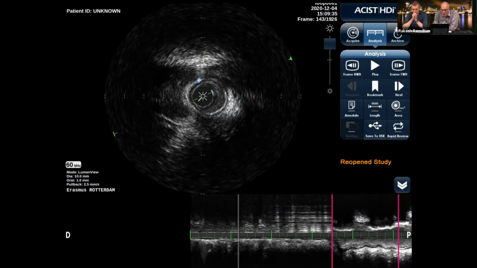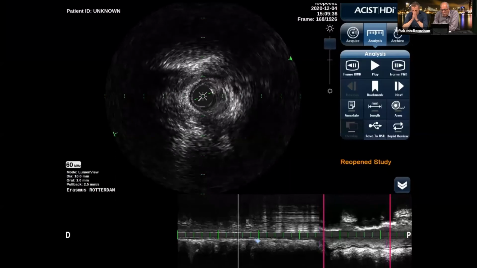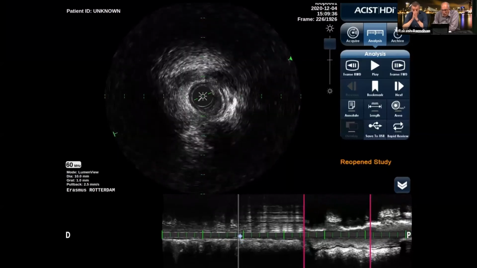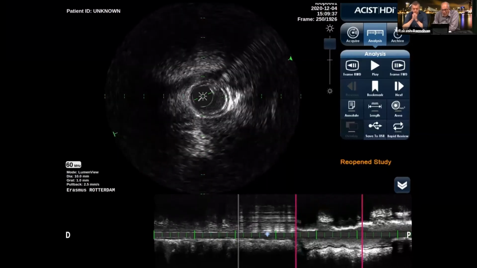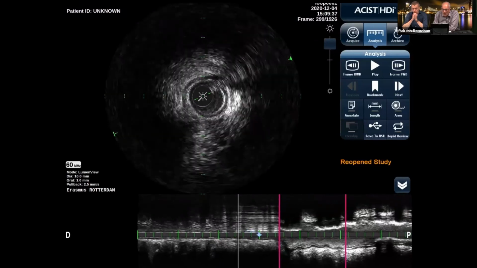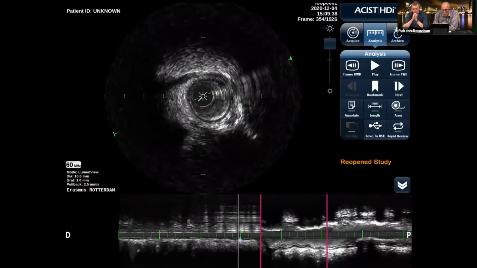Remember that if your vessel has an original size and you get spastic, the mass, the volume of the intima layer stays the same, only it's compressed, and then you get a brighter intima in a normal vessel. And at a certain point, you see that there is a jump in caliber where we get out of the spasm.